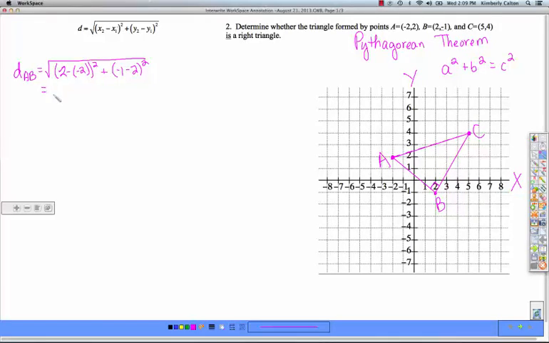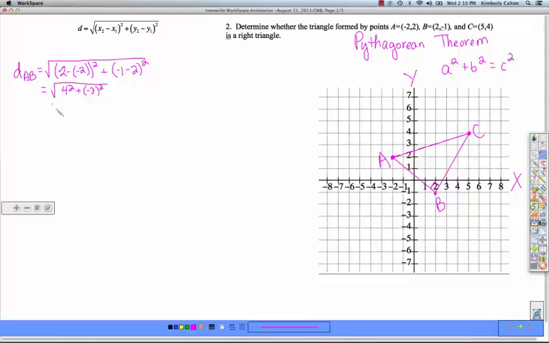So we're going to go ahead and simplify. 2 minus negative 2 is the same as adding, so I have 4 squared. Negative 1 minus 2 is 3, so plus negative 3. Notice that my negative 3 is in parentheses.